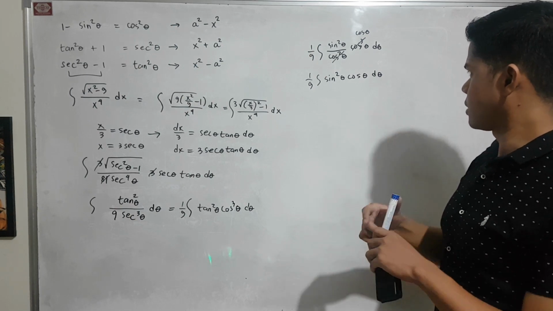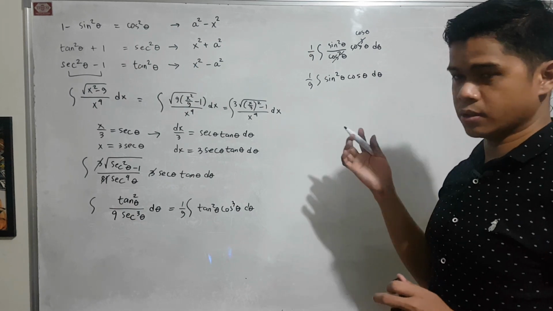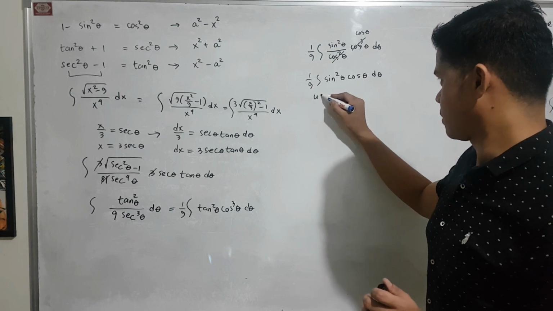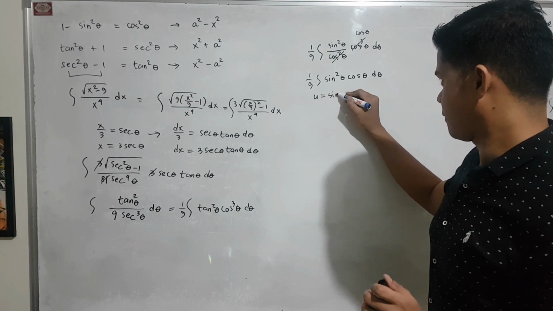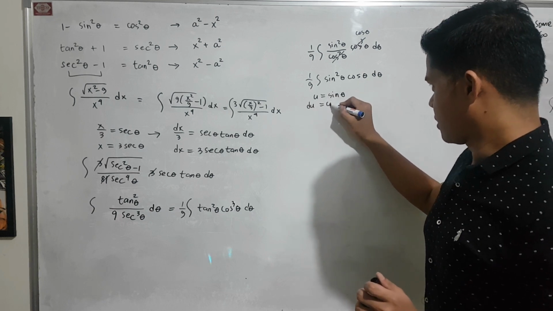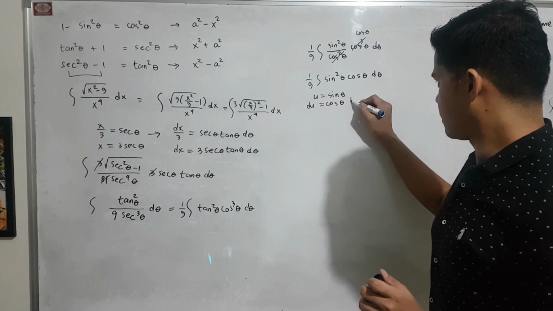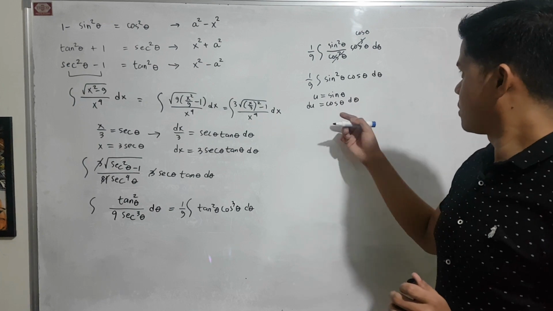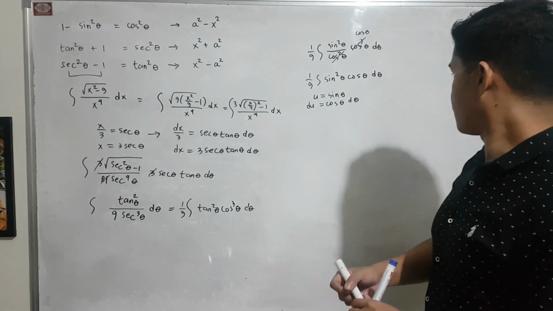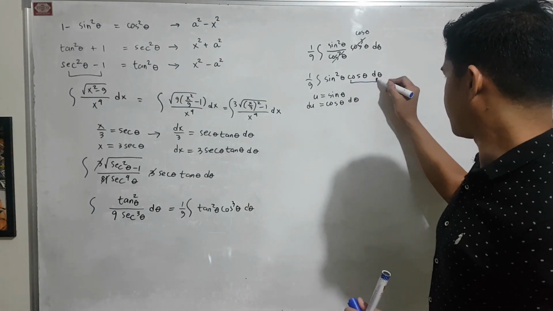From here we can use another substitution by letting u equal sine theta. That means du is cosine theta d theta, right? So cosine theta d theta is just equivalent to du.